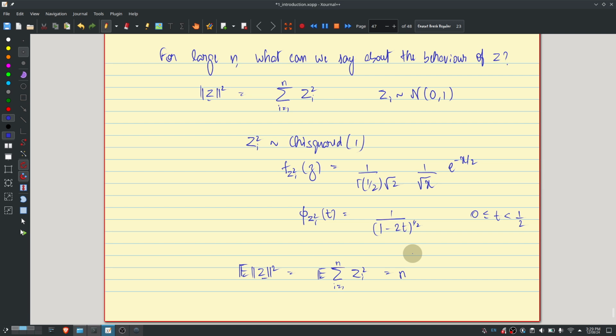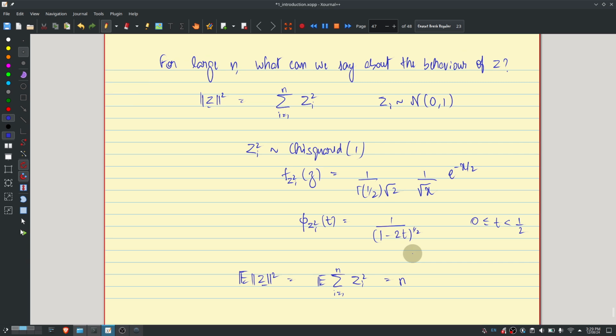So far, based on what we've seen, what do you expect that we'll be able to say about the norm of z square? Yeah, it should be very close to n, right?